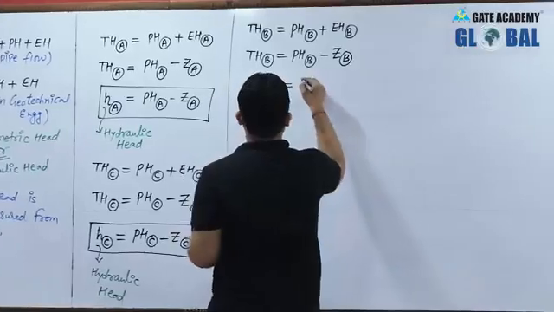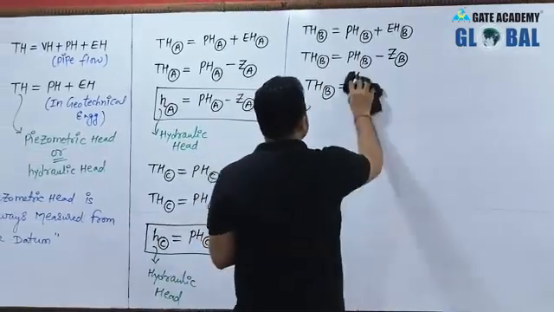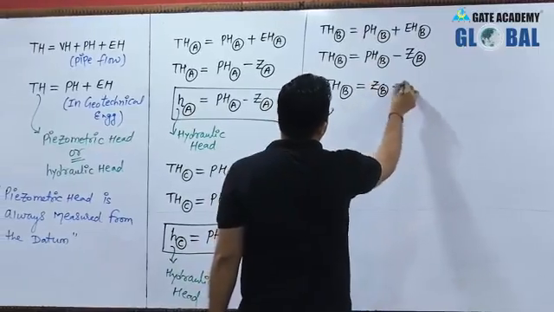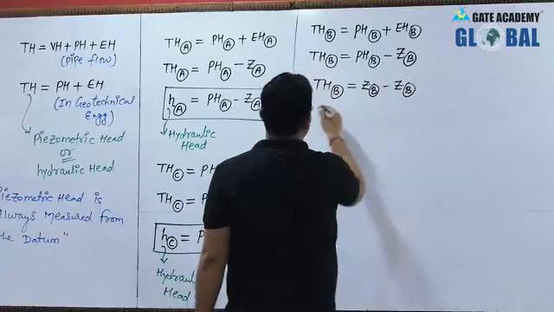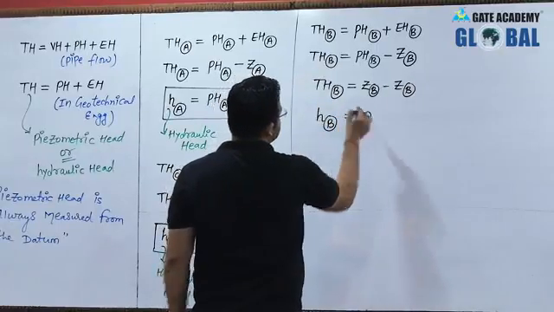Here I can say the hydraulic head is 0, because if you want I can write this as ZB minus ZB. So the hydraulic head at B will become 0.